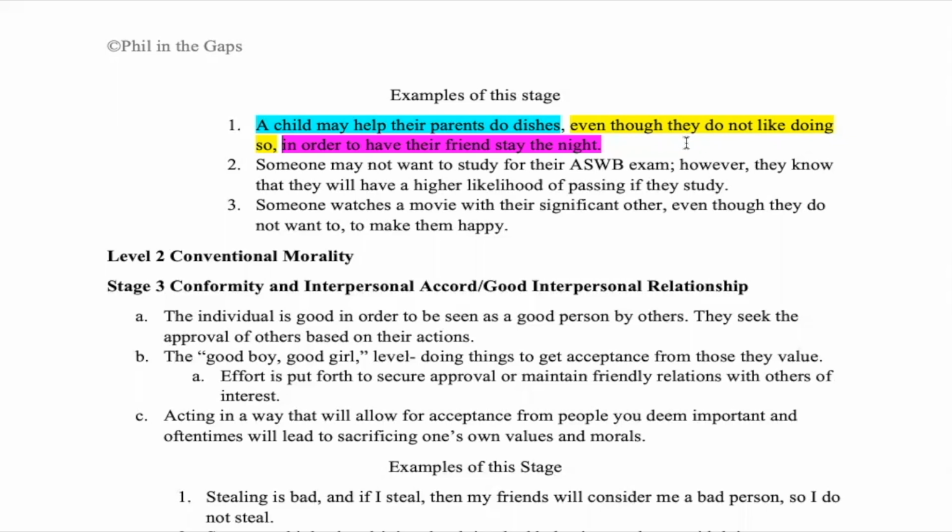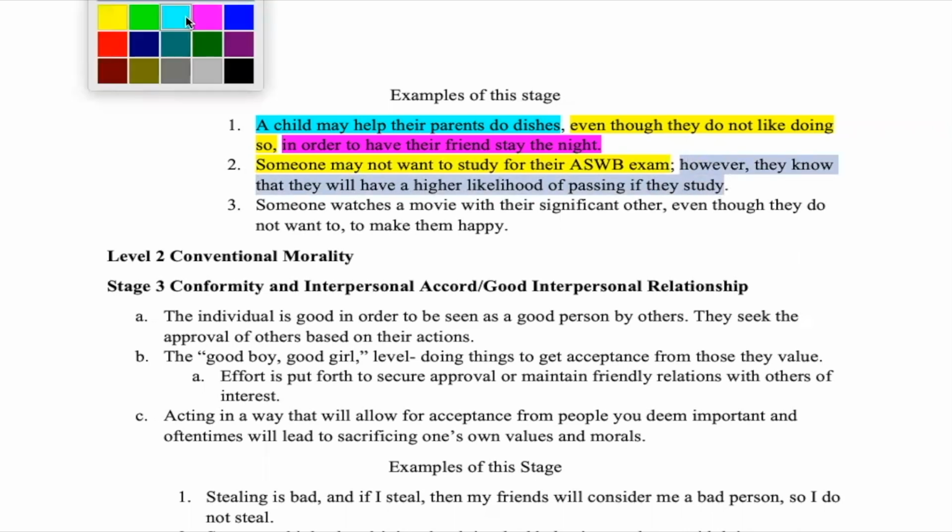Another example, someone may not want to study for their ASWB exam. However, they know that they will have a higher likelihood of passing if they study. They're like, screw it, I don't even want to do it, it's not what I like to do. But they know they'll have a higher likelihood of passing if they study.